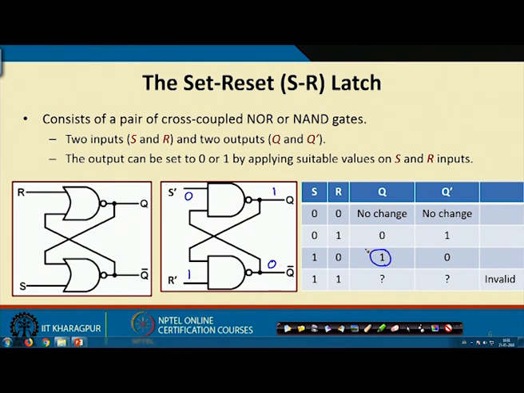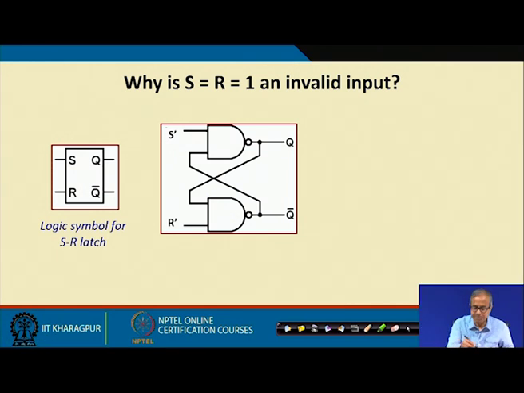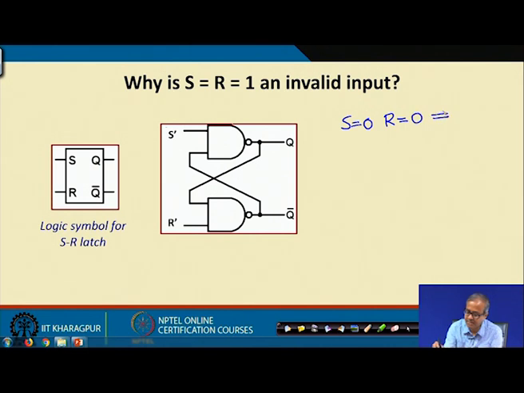right. So, now let us see why the fourth combination is considered to be invalid. Let us try to explain this with respect to this NAND level diagram. Now, what we have seen so far is for S equal to 0 and R equal to 0 combination, the behavior of the circuit is there is no change, right.